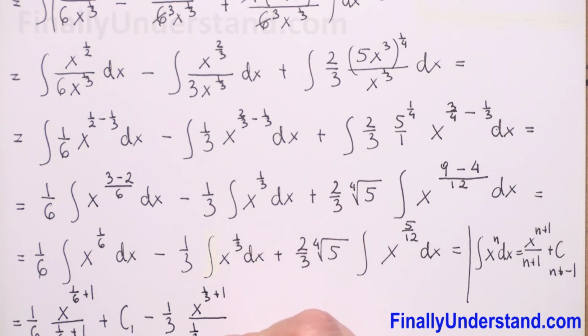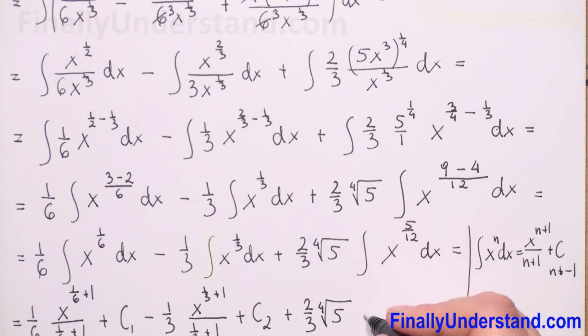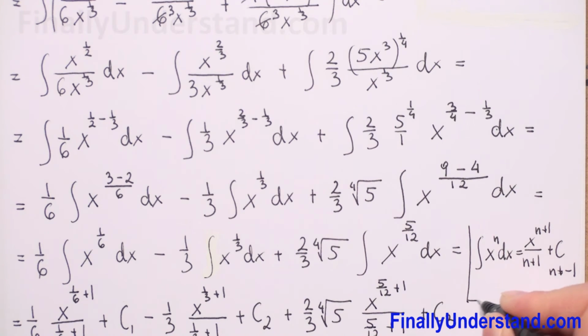In the denominator we have 1/3 plus 1 plus C2 plus, we have to copy the constant, 2/3 fourth root of 5 times, this is x in the numerator to the power 5/12 plus 1 over 5/12 plus 1 plus constant C3.